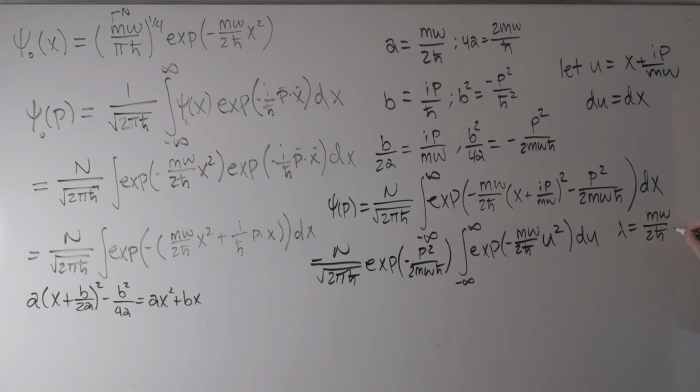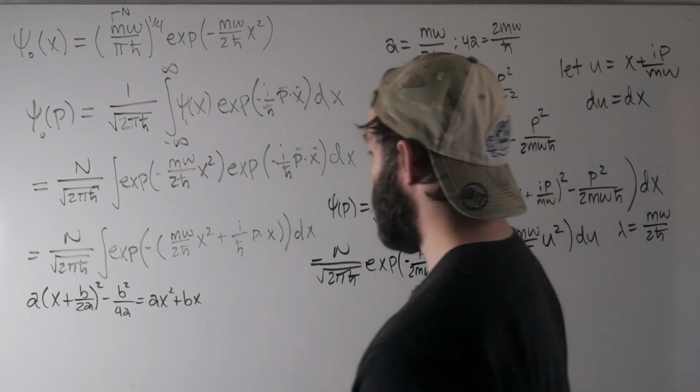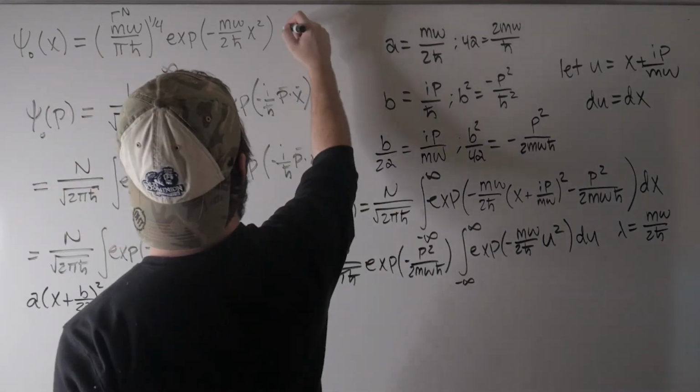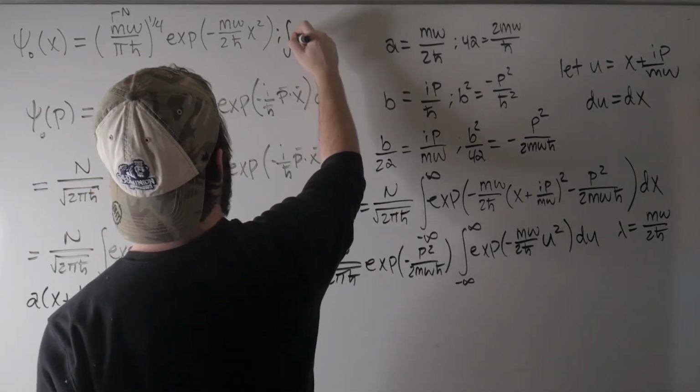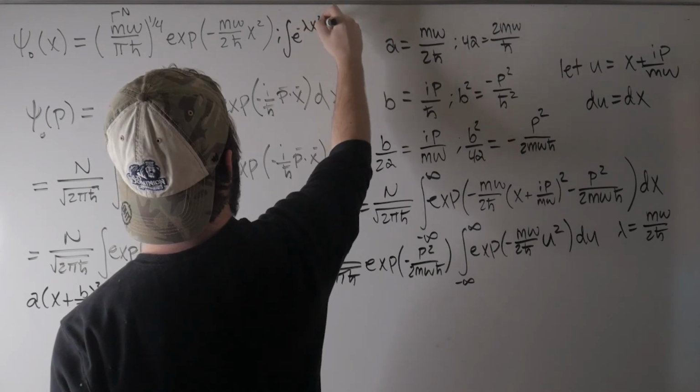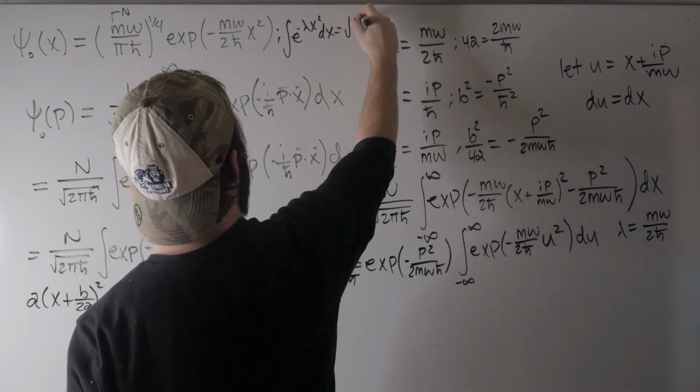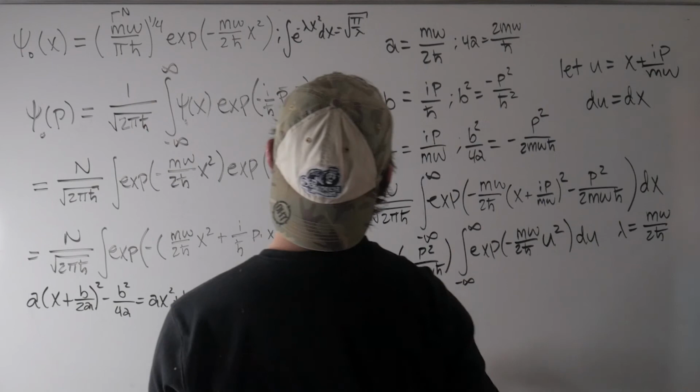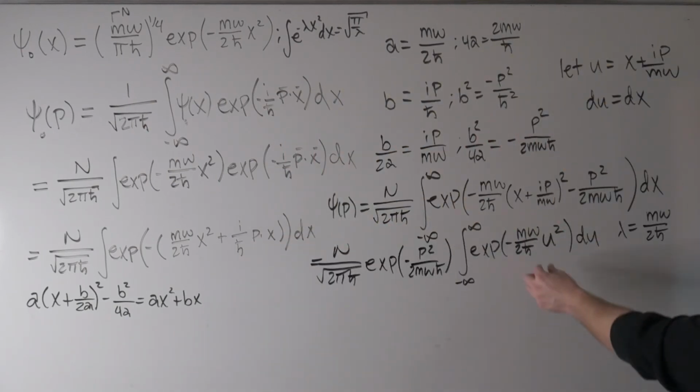The integral of e to the minus lambda x squared dx is equal to root pi over lambda. So all that does is it pulls down that square root.